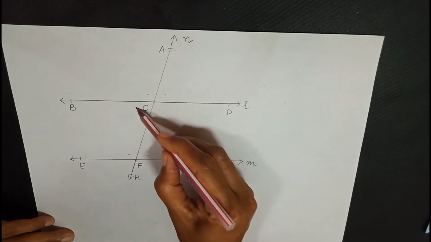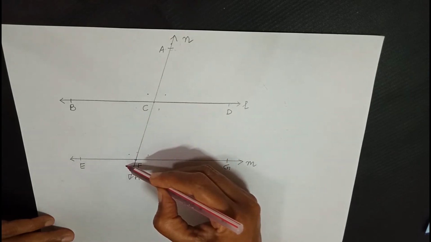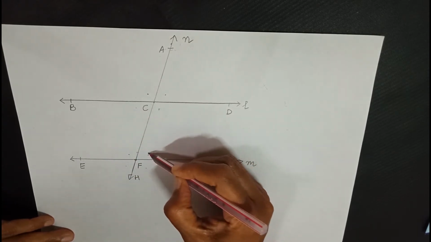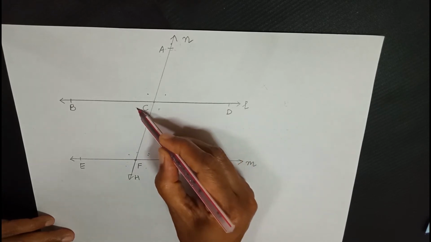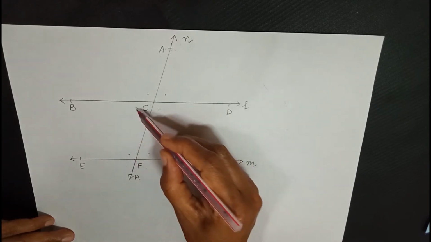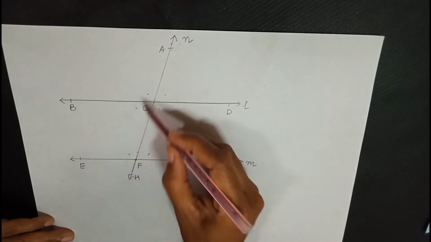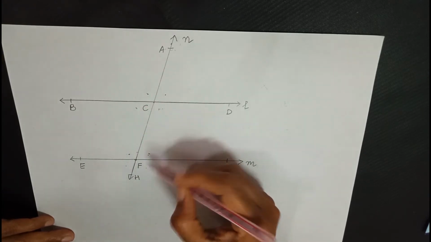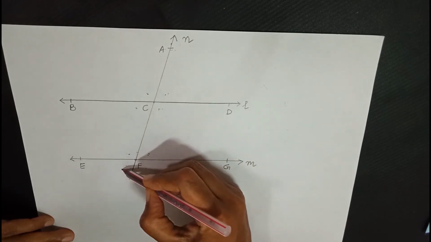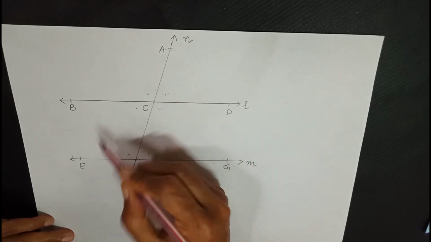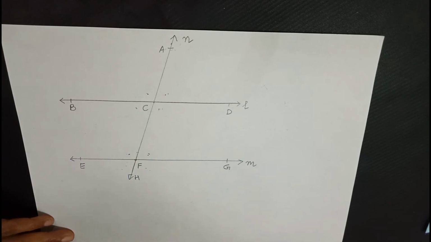This and this are again corresponding angles. These two are interior angles. These two are interior angles. This one and this are alternate. This and this are alternate. This one with this one alternate, and again this and this alternate. So now we have to find out what is the relationship between all these angles.